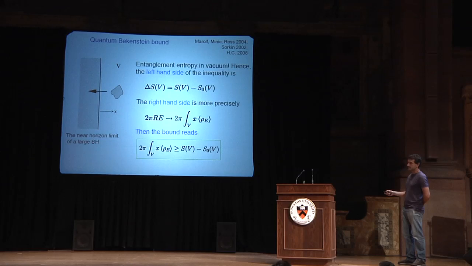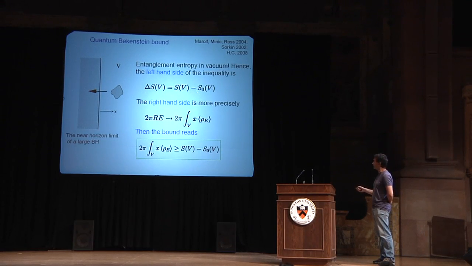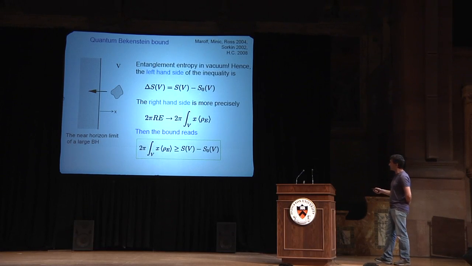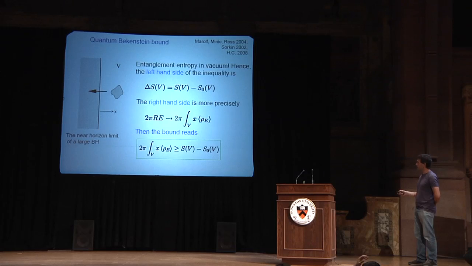So the final state doesn't have zero entropy, it has the entropy of the vacuum. And the relevant quantity in the Bekenstein experiment is, in fact, the difference of these two quantities. In particular, the divergences will cancel in this combination.